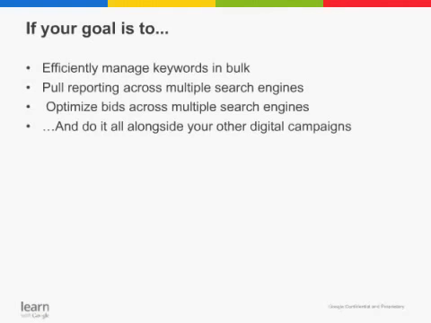If you had to do this manually, you'd be spending even more time managing your campaigns, constantly running reports, and optimizing bids using way too many different interfaces and tools. So if your goal is to manage keywords, pull reporting, and optimize bids across engines, and if you also happen to manage display through DoubleClick tools, I'll talk about how DoubleClick Search can help make all of this easier.